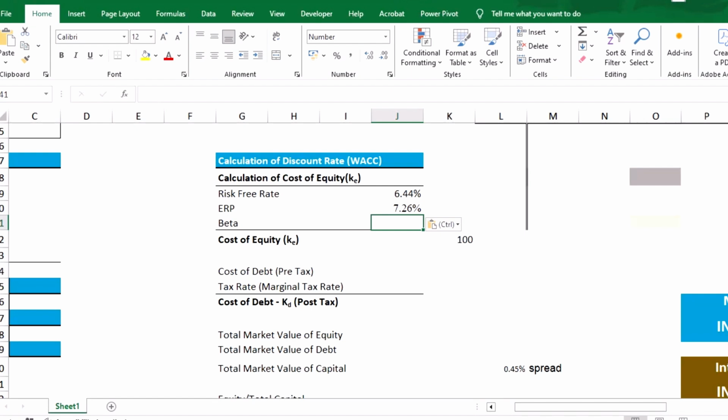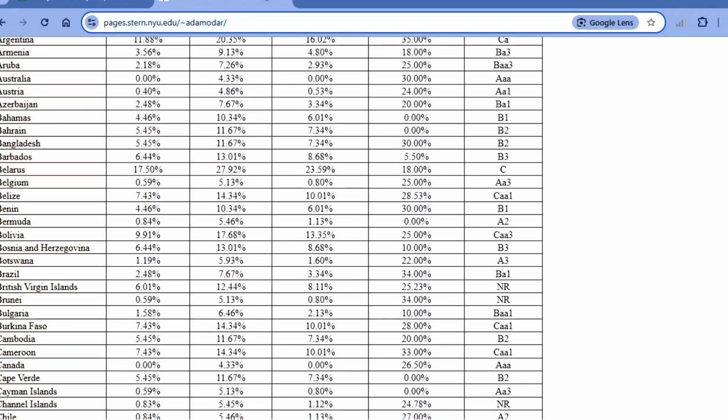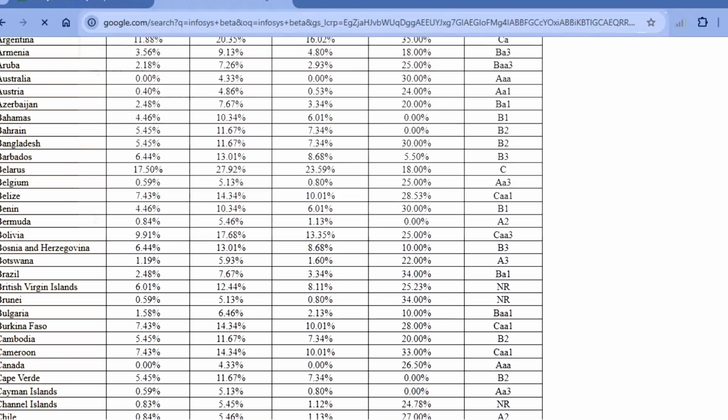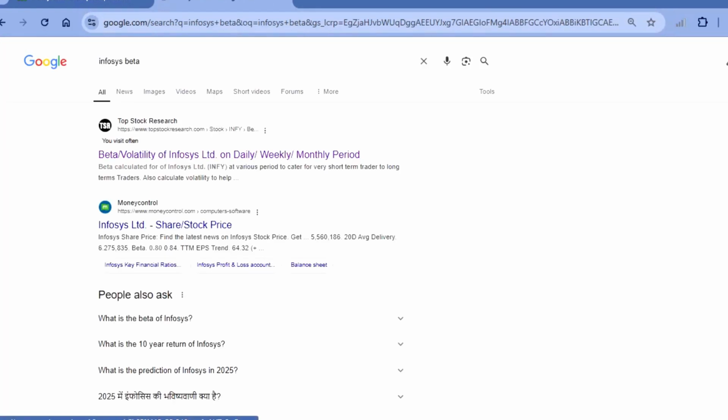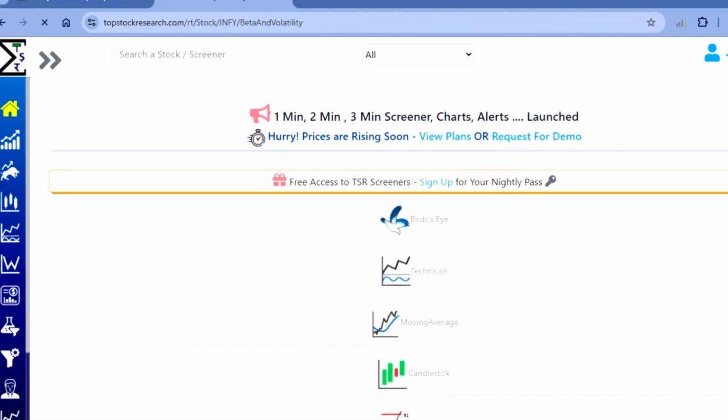There are various methods to find beta as well, but to go the easy way, and it is a good way, we will search directly the company name beta. You can use this website. It is a good website, Top Stock Research.